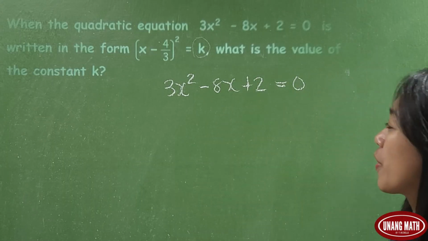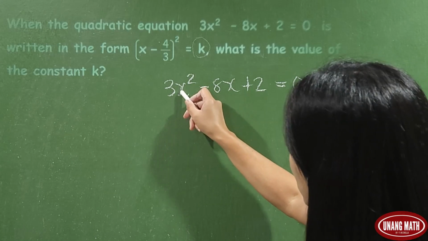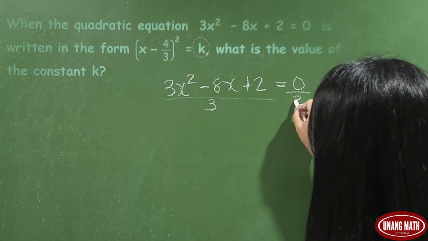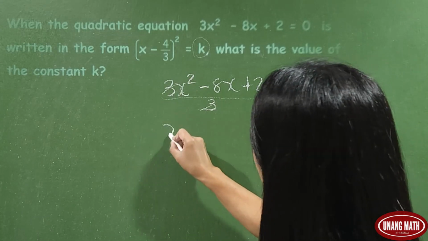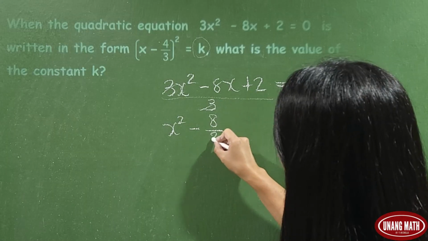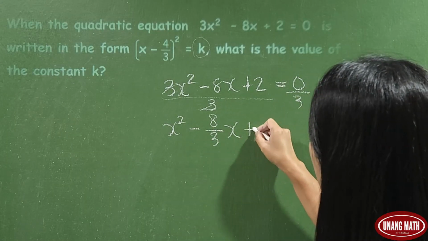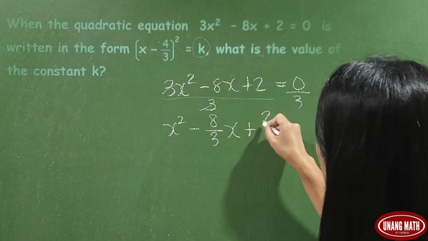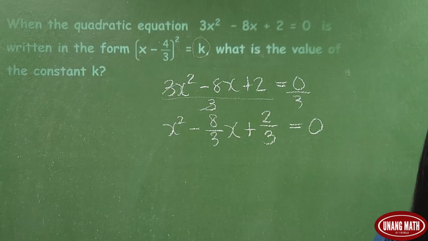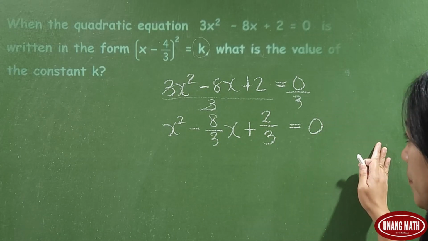So what we need to do first is make the coefficient 1. So divide by 3. So we have x squared minus 8 over 3 x plus 2 over 3, and this is equal to 0.